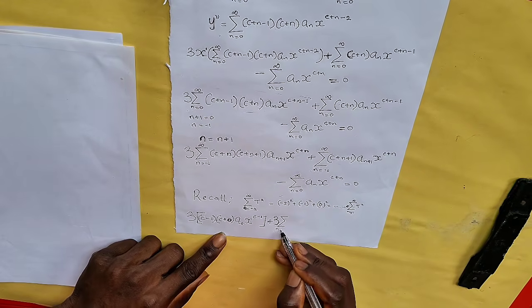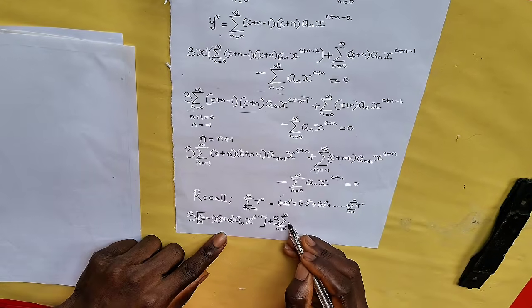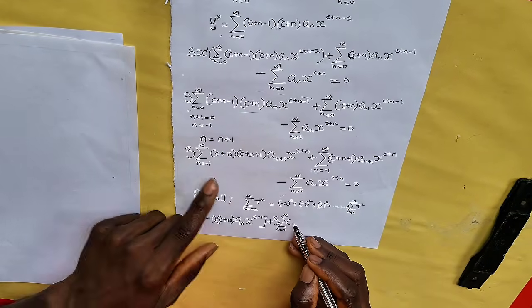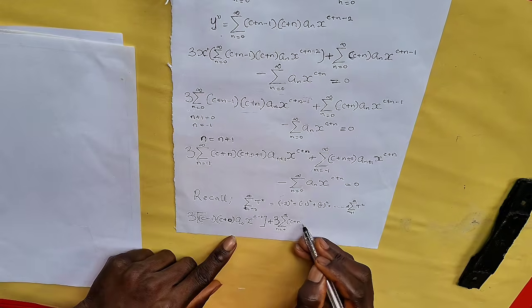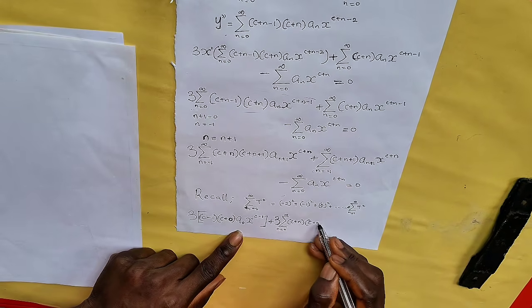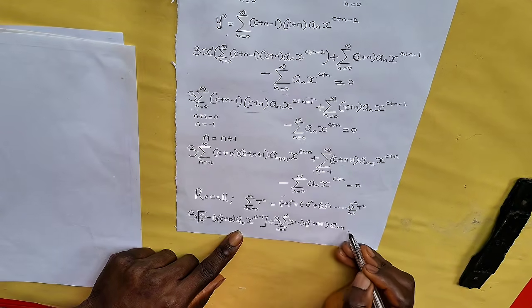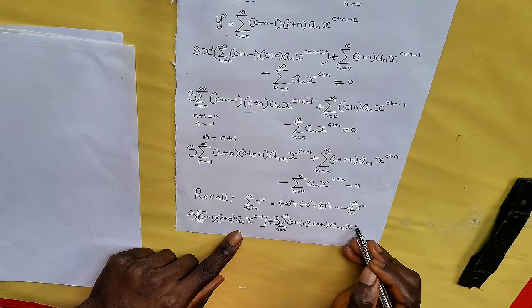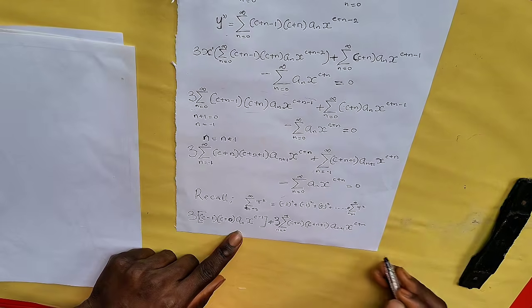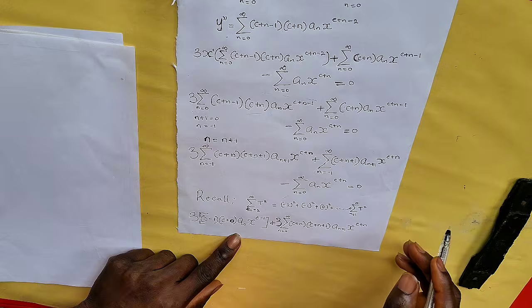So when n equals to 0 till infinity, I'm going to leave it in form of summation. So I'm going to repeat this: c plus n plus 1, a n plus 1, x to the power c plus n. Okay, so there will not be space here. I'm going to turn back and write the rest.